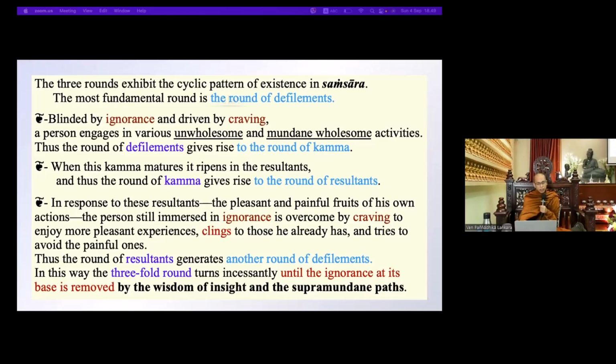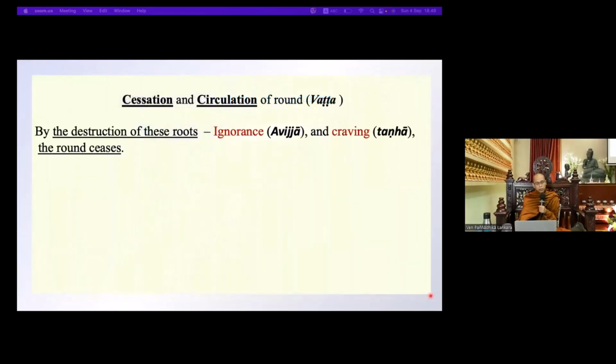So here, according to the explanation of the Paticcasamuppada, avijja is the cause. But let's see how it becomes the succession of rounds, the circulation of the vata.